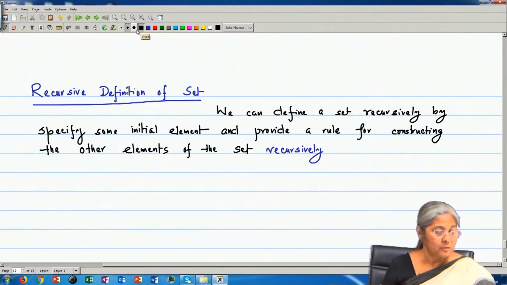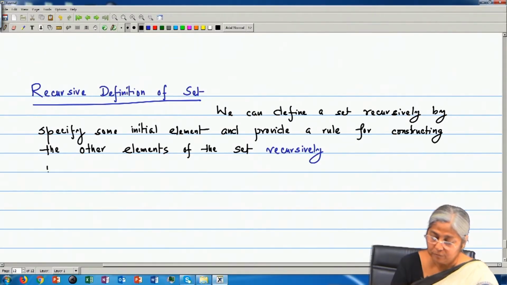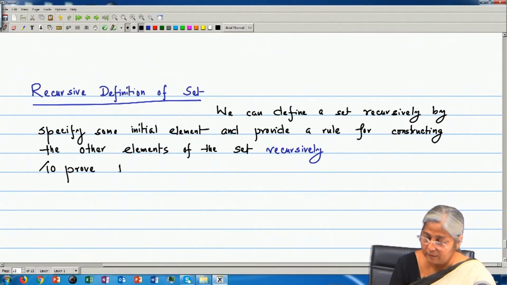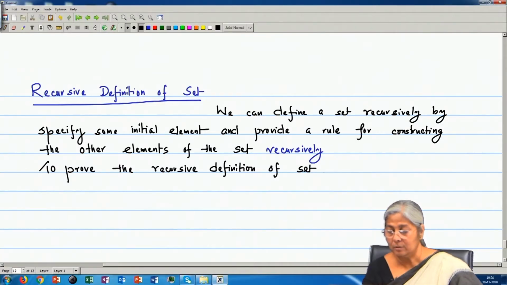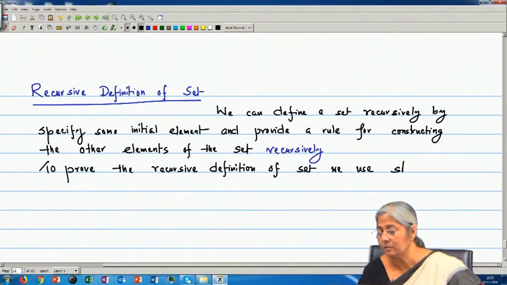Here also, to prove properties of the recursive definition of a set, we use structural induction.